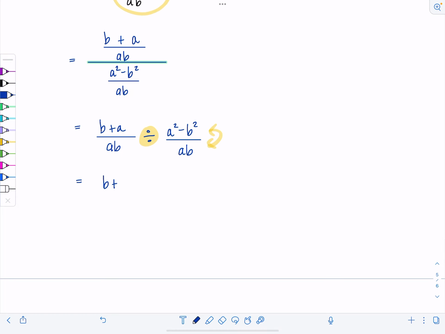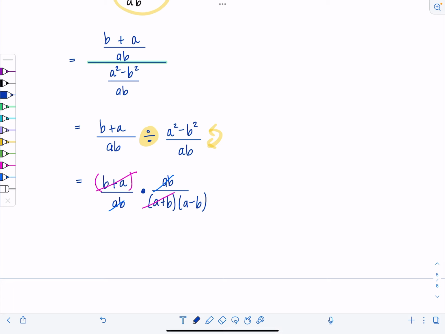So it's b plus a over ab times ab over, are you guys cool if I factor that a squared minus b squared, a plus b, a minus b? Yeah? Lovely. And then right away, I can cancel the a plus b with b plus a, and then I can also cancel ab with ab.